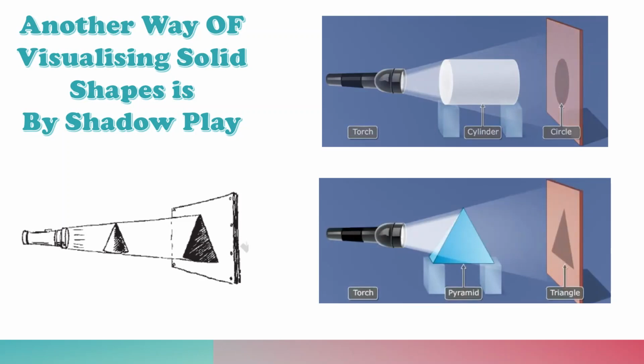Earlier we took a cone, and when we projected the light on it, the shadow was in the form of a triangle. In the case of a pyramid also, if we project the light from one of the sides, it shows the shape of a triangle. So this is how you can find the shadows, or the 2D interpretation of a 3D shape, by using shadow play.